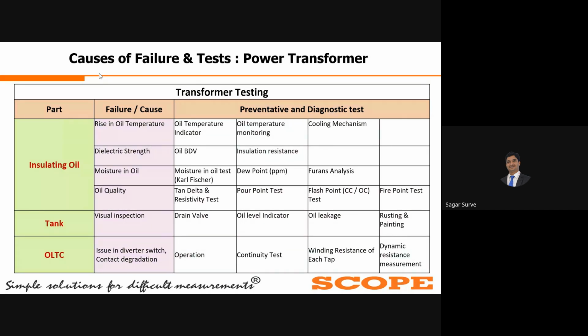If there is a leakage, then your transformer oil will come out, and external air which contains oxygen, nitrogen, or other moisture particles can enter inside the transformer. And if there are any issues in the diverter switch or contact degradation of the transformer, then that can be observed by using the continuity test, winding resistance of each step, or the dynamic resistance test of the transformer.